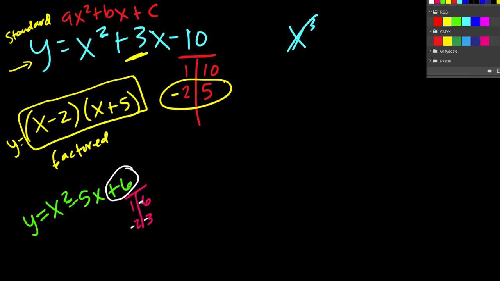So if we do 1 times negative 6, we're going to get a negative 6. If we do negative 2 times negative 3, we're going to get a positive 6. Now because this one gave us the right answer, a positive 6, that's what we're going to use to write our final answer. So once again, it's a negative 2, so we say x minus 2. And then it's a negative 3, so we say x minus 3.